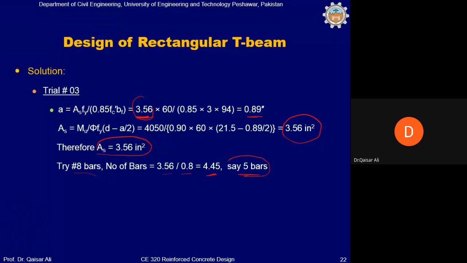You will continue the trials, but mind that you will use bf instead of bw in your next trials. Okay, and then the value which has no more changes will be taken as the final value of As. Then the number of bars can be calculated. Obviously, As maximum and As minimum shall also be checked after this As is calculated.